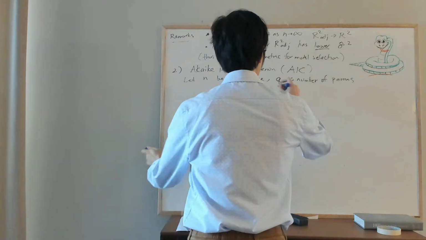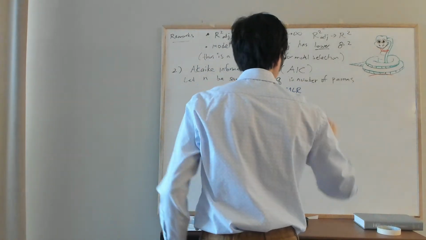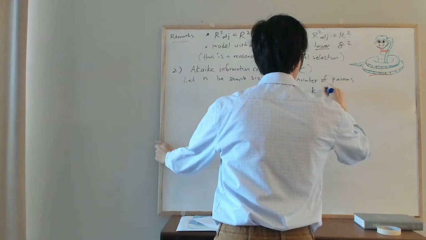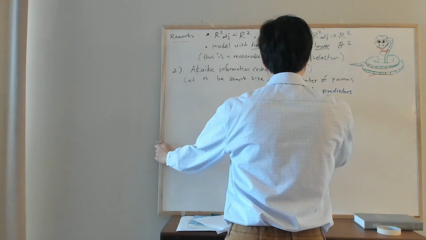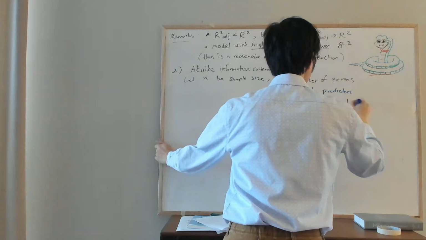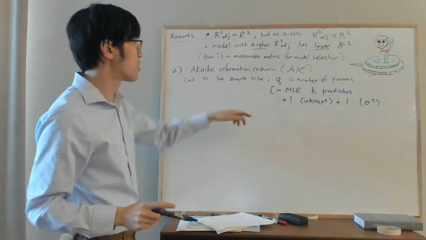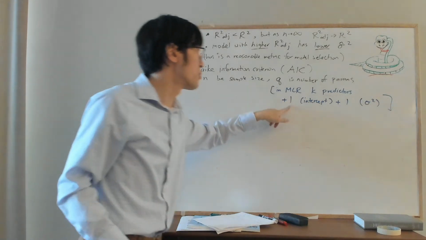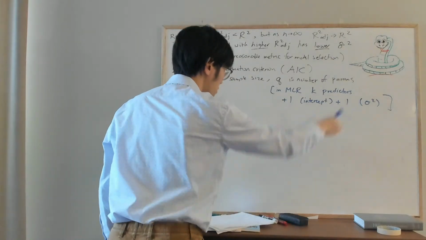Well, in multiple linear regression, we have k predictors, plus 1 for the intercept, and then plus another one for sigma squared. So in multiple linear regression, this would be the number of predictors plus 2. The 2 comes from the intercept and the residual variance, which is also estimated.